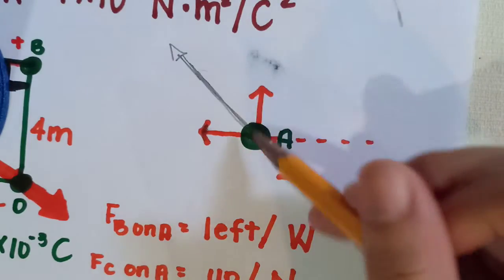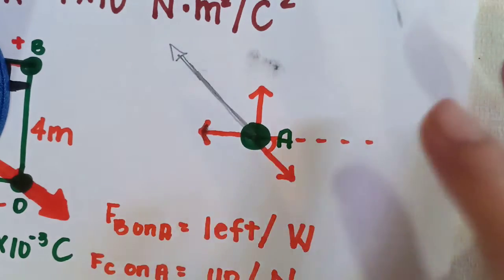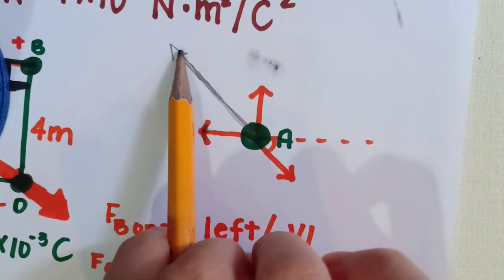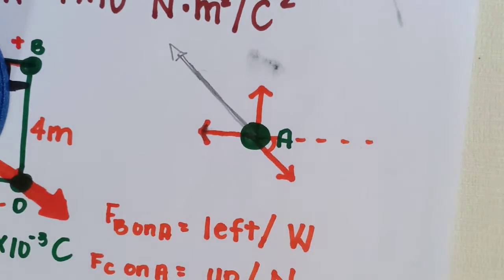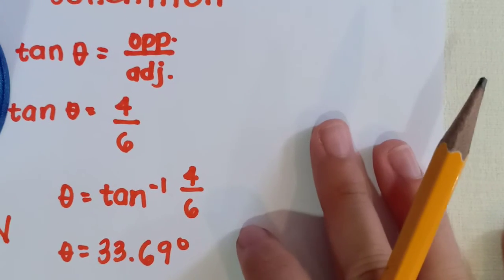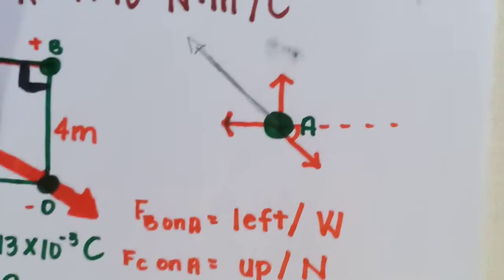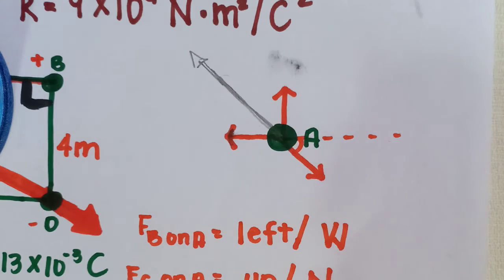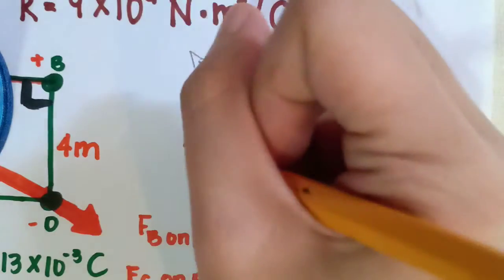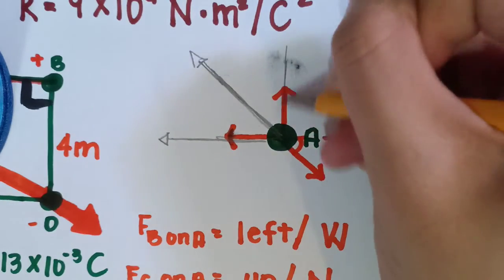So if you add all of the forces directed on A, A goes in this direction, but what is the angle? How do we look for that? We can look for that using again the concept of SOHCAHTOA. So if we look back here, Fx is going west and Fy is going north.